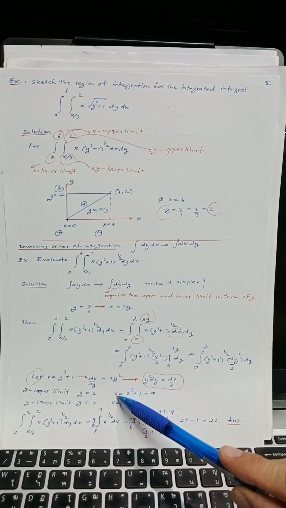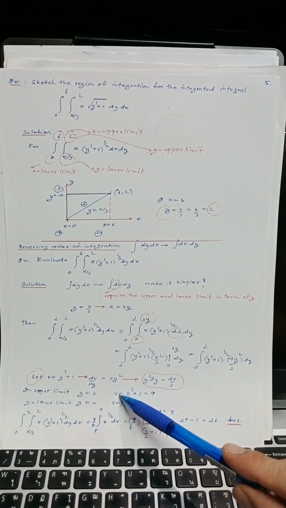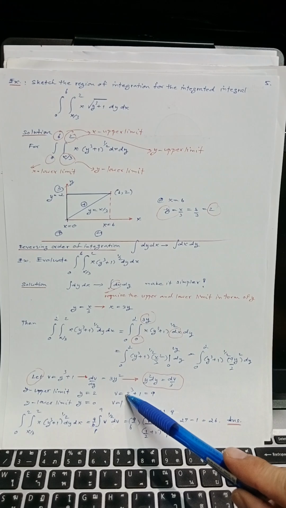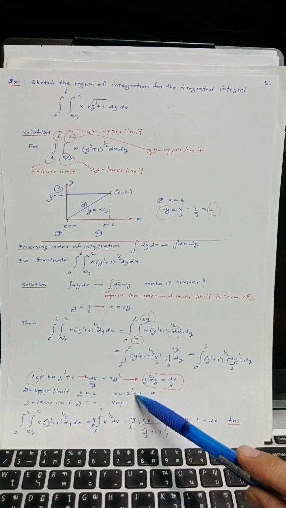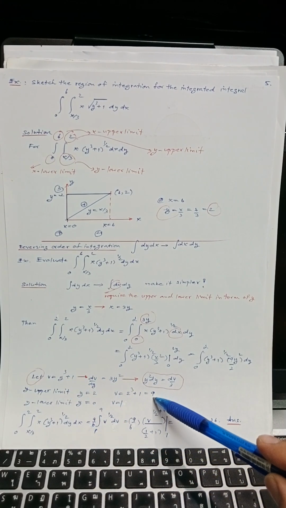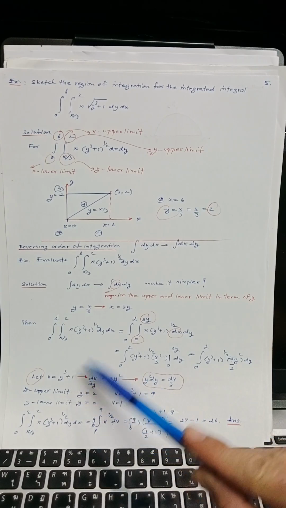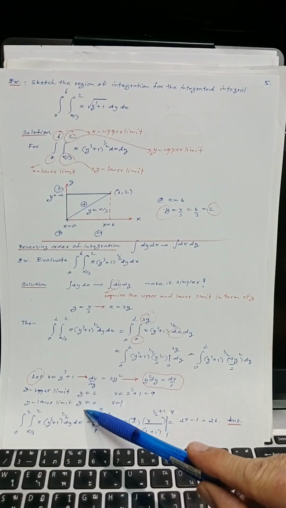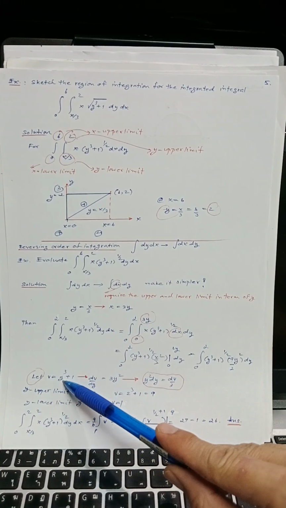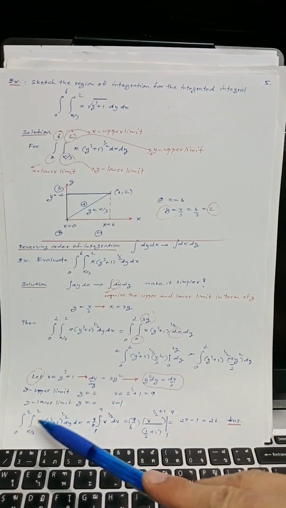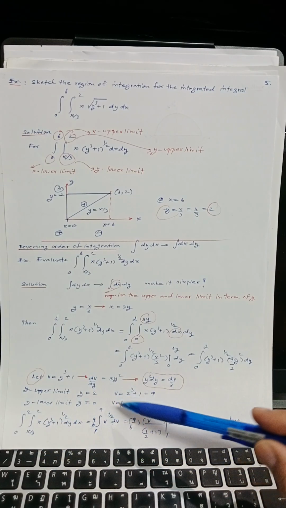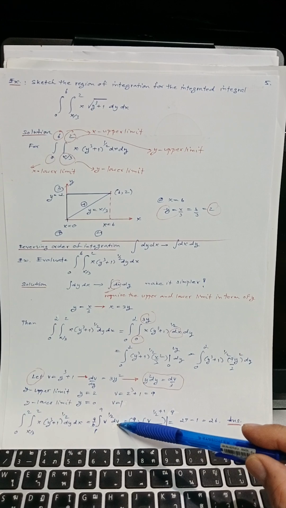Because you switch from dy to dv, you need to find the upper limit of v. So when y equals 2, that gives you 2 cubed, which is 8, plus 1, that gives you 9. And for y equal to 0, the lower limit, v equals 1. So you have lower limit 1, upper limit 9 for the integration of dv.